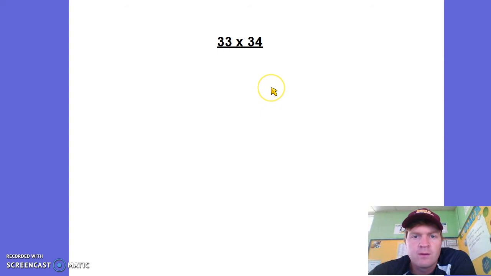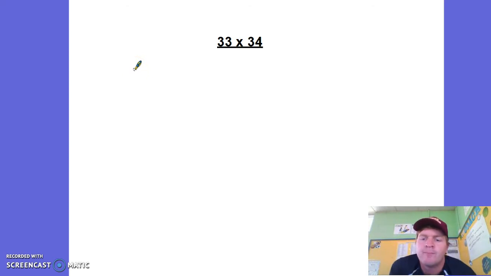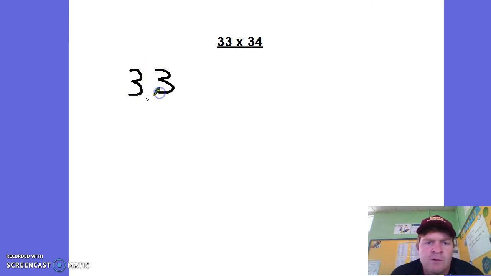Alright, so let's first of all have a look at this problem we've got. You've got 33 multiplied by 34. Now, the right to left regrouping strategy requires that all our numbers are in a line. So I've got my 33, obviously a little bit difficult with the pen on the computer to draw this, but multiplication symbol and 34.